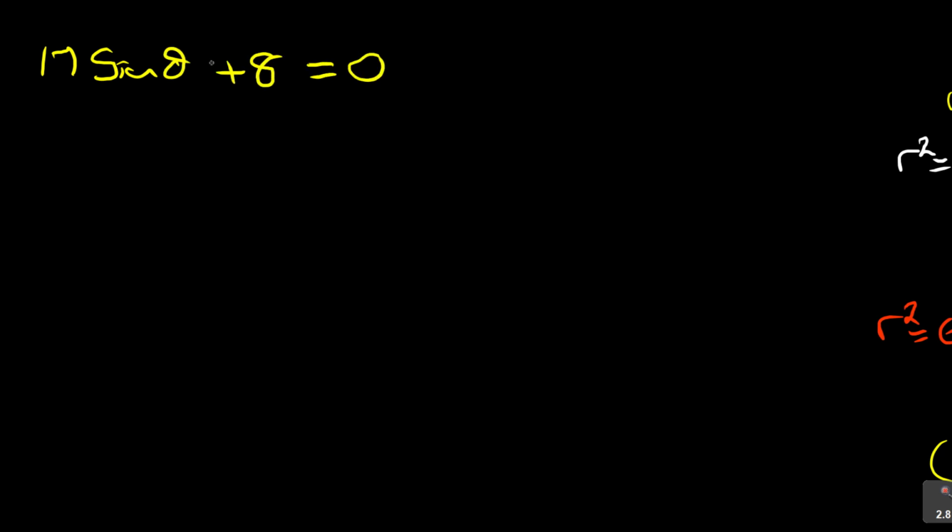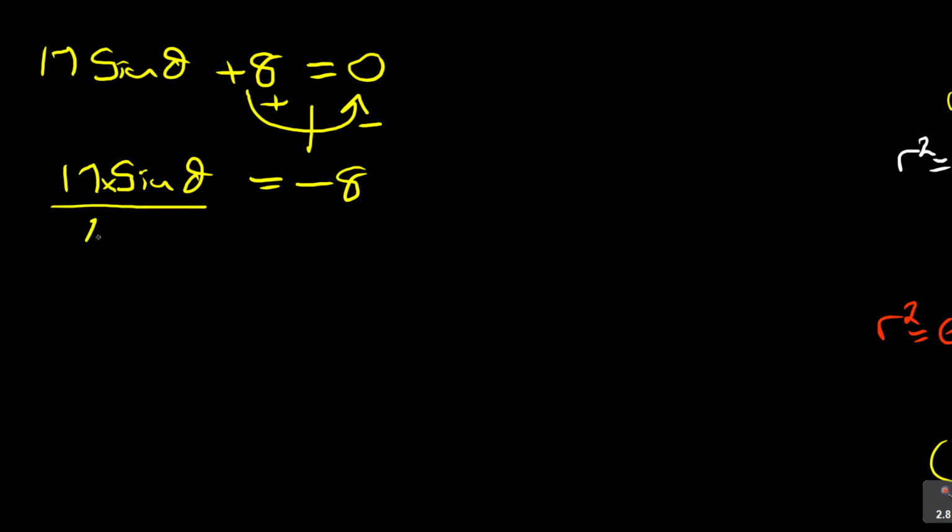Now pay attention. I need to solve for theta. How do you solve for theta? This plus 8 will jump. It's positive. When it jumps the sign, it will become negative. So 17 sin theta is equal to negative 8. Then after that, I need to get rid of that 17. Remember, it's multiplying, so the opposite of multiplication is to divide both sides by 17.